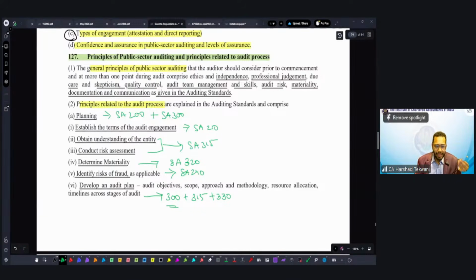It's applied in a similar manner. Clear? Any doubt? So there are two types of things, the general principles and the principles related to the audit process, and planning and everything we have understood. Yes or no?